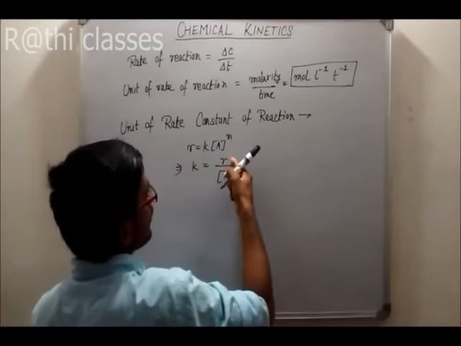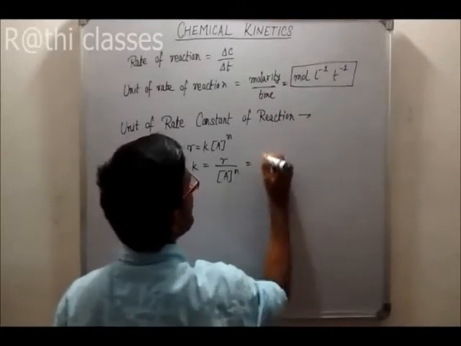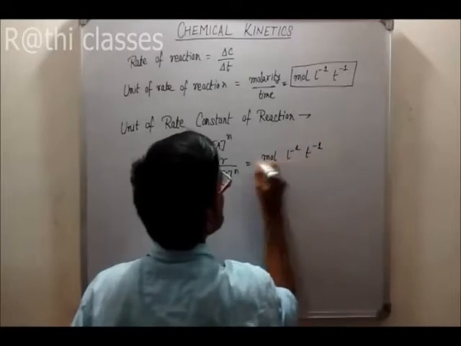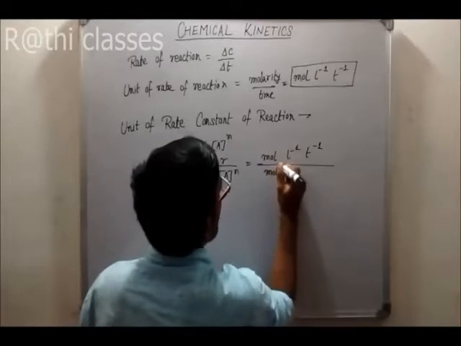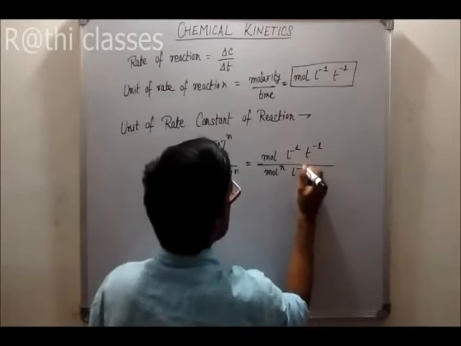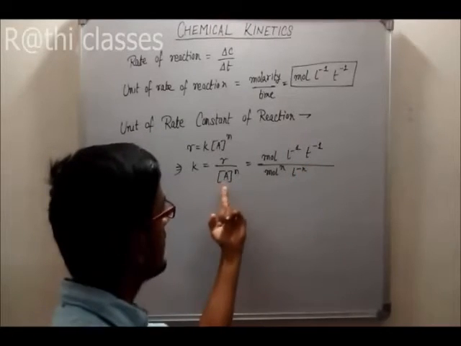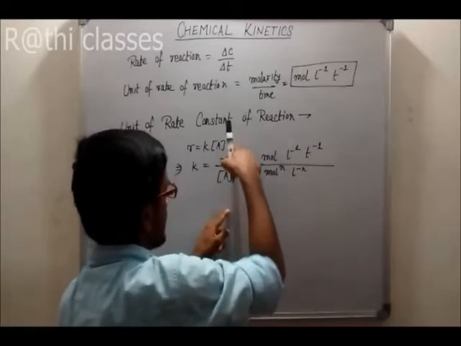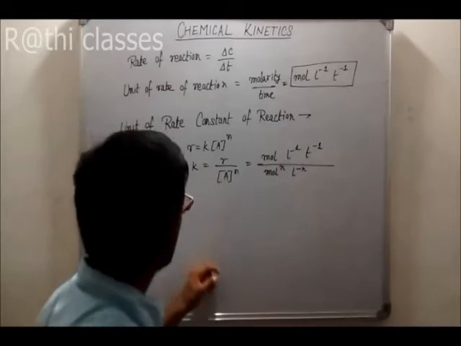So we know the unit of rate of reaction, which is mole liter inverse time inverse, divided by, this is molarity again, so it is mole to the power n into liter to the power minus n. Right? Molarity is mole per liter, so mole to the power n, and liter will be upwards, so bringing it downwards we get liter to the power minus n.